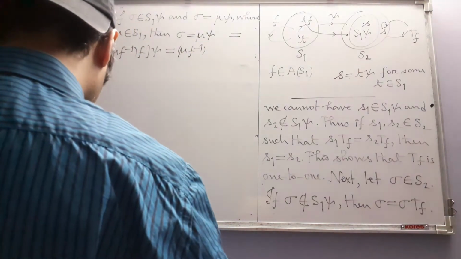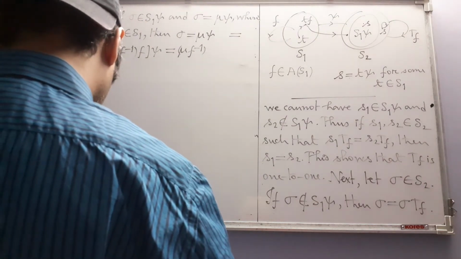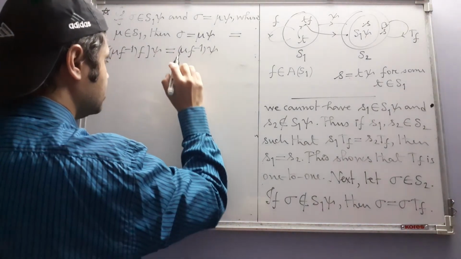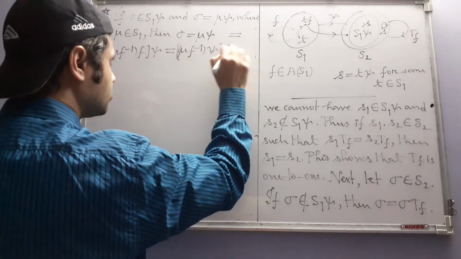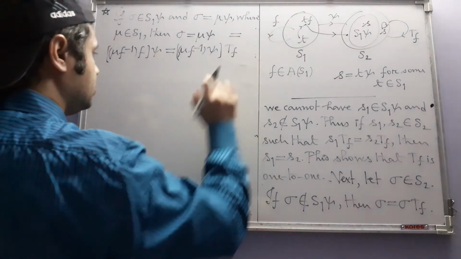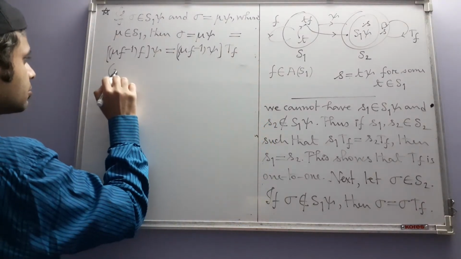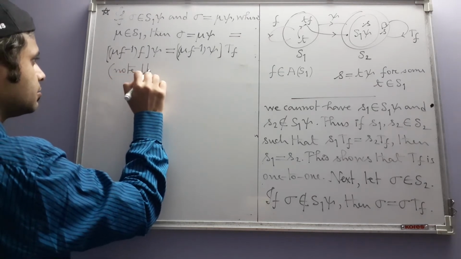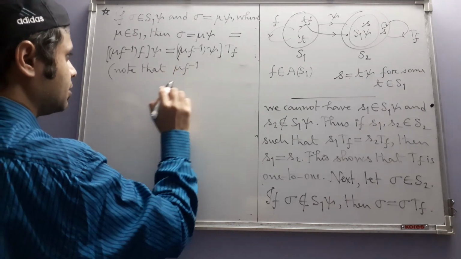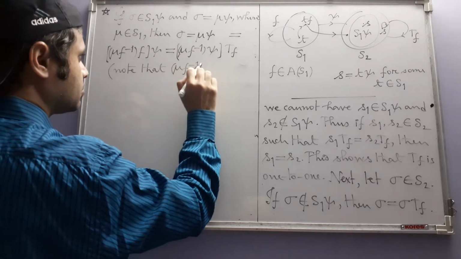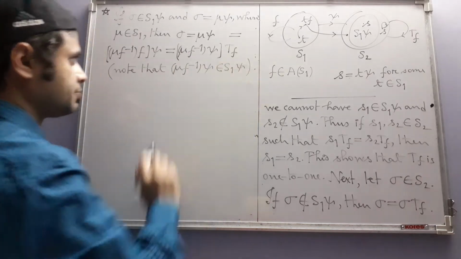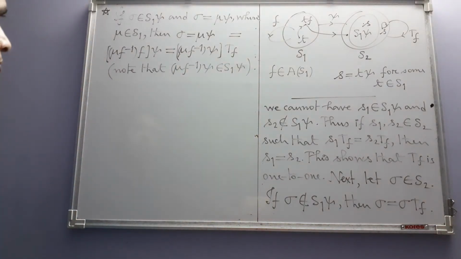Is it going to be mu F inverse TF, or no, not mu F inverse TF, mu F inverse psi, TF of that, and in brackets we write, note that mu F inverse psi belongs to S1 psi. Do you get what we have done here?